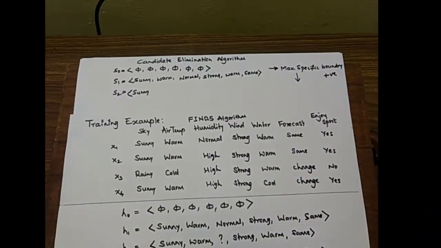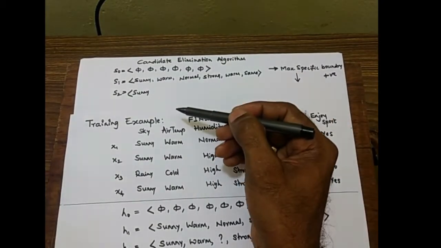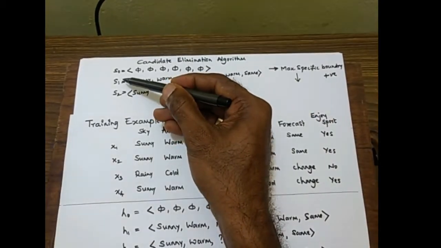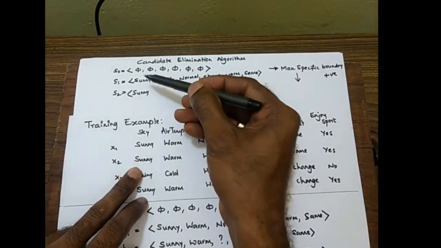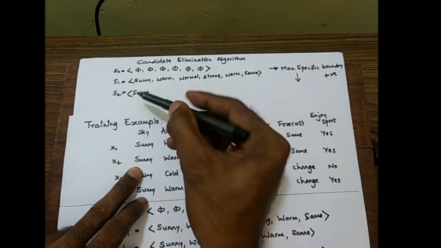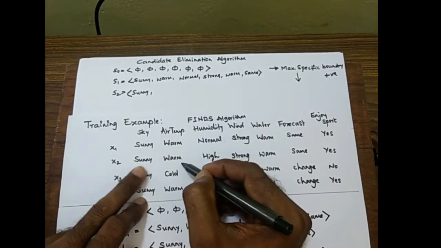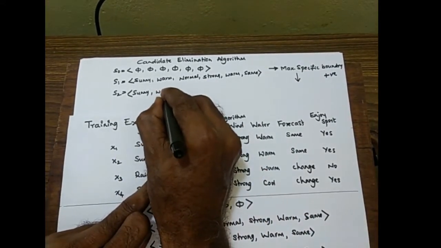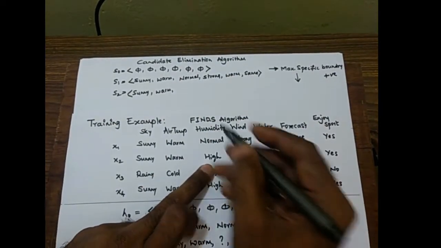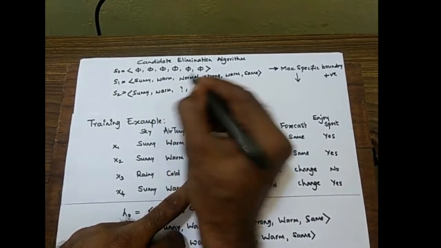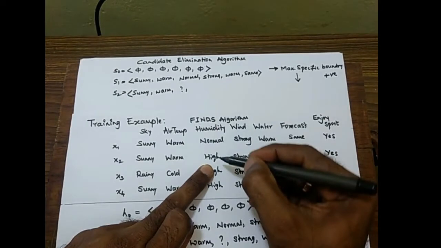For the next maximally specific boundary, we will compare S1 with X2 and we will write S2. So sunny is compared with sunny, sunny is written. Warm is compared with warm, warm is written. Both are the same. Normal is compared with high, so a question mark will be written because they are not the same.